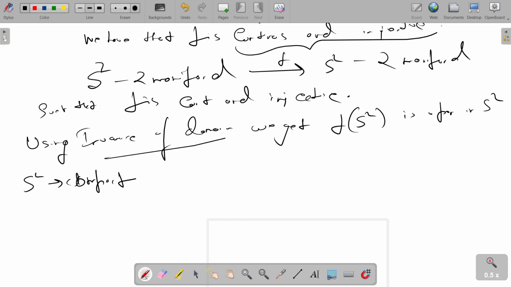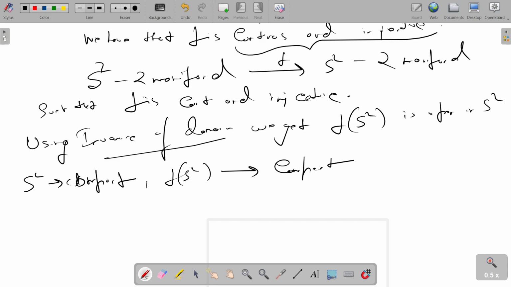Since S square is compact and f is continuous, f(S square) will also be compact, because a continuous map sends a compact set to a compact set.